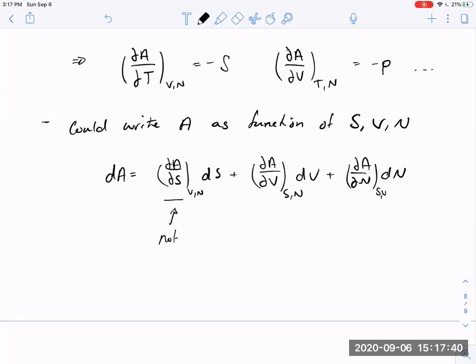It's not got a simple definition in the way that we would find if we wrote the Helmholtz free energy down in its natural variables.